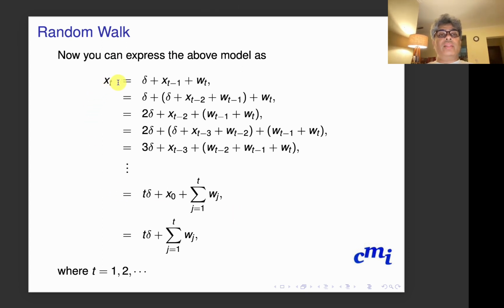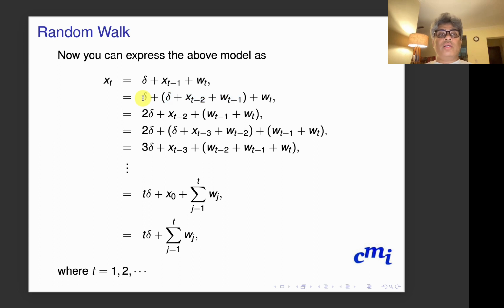Take the random walk model x_t = delta + x_{t-1} + w_t. Now x_{t-1} you can write as delta + x_{t-2} + w_{t-1} within brackets. Now you remove the bracket.